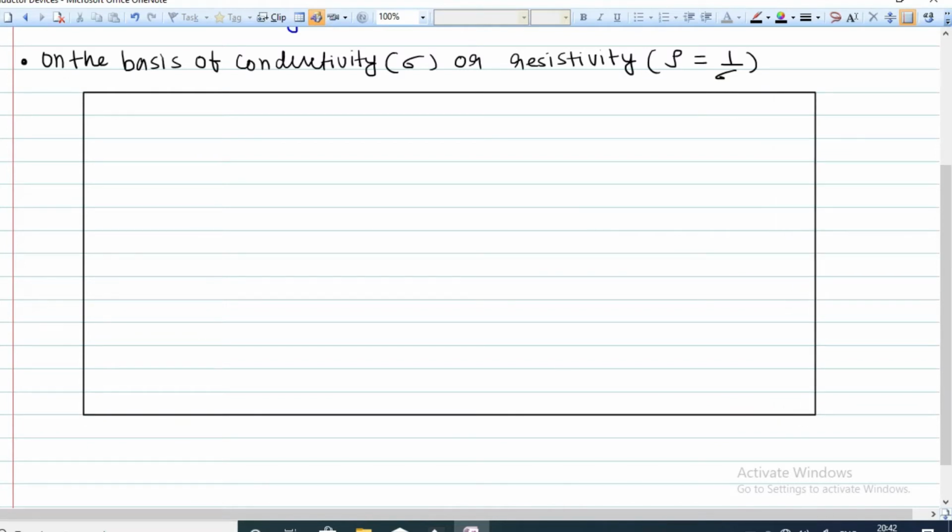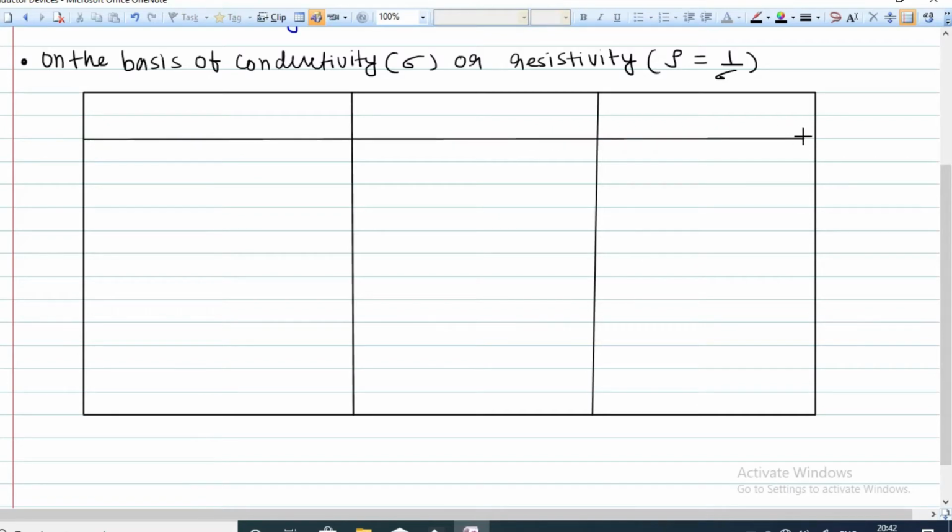Let me classify conductors, semiconductors and insulators. First we are going to see conductors. Next is semiconductors, and last one is insulator.